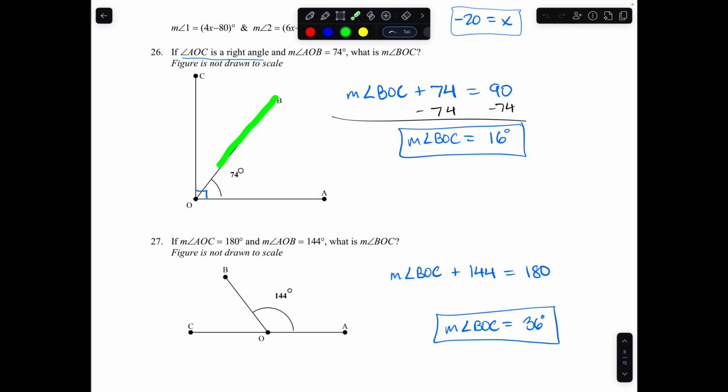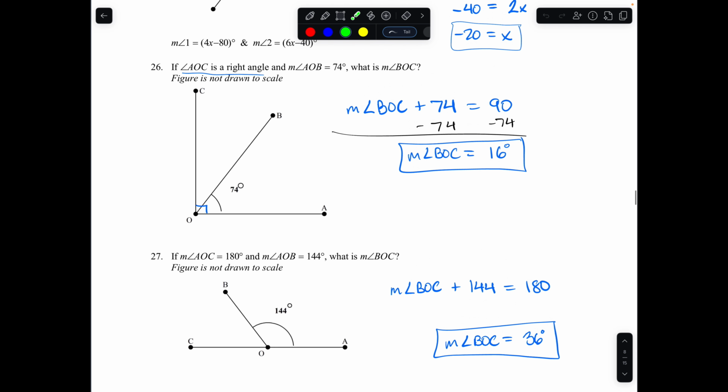So that means BOC, the angle we're trying to find, is going to be however many degrees we need so that 74 plus whatever number we're trying to find adds up to 90. So the measure of angle BOC plus 74 needs to equal 90. If we subtract 74 from both sides, we'll find that the angle we're looking for needs to be 16 degrees because they are complementary.